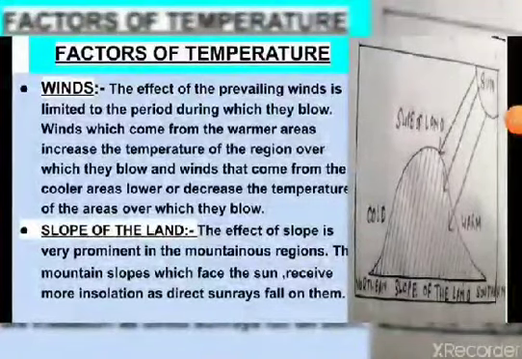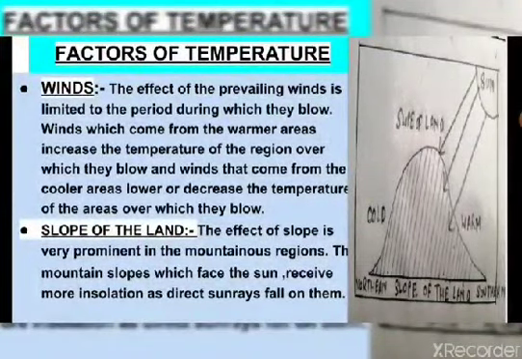So the next factor of temperature is winds. The effect of the prevailing winds is limited to the period during which they blow. Winds which come from the warmer areas increase the temperature of the region over which they blow, and the winds that come from the cooler areas decrease the temperature of the areas over which they blow.